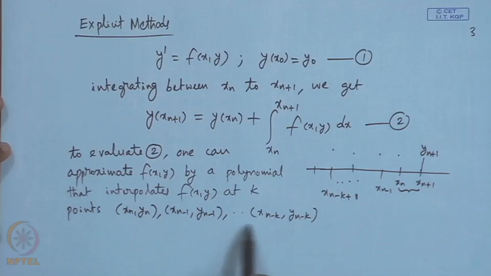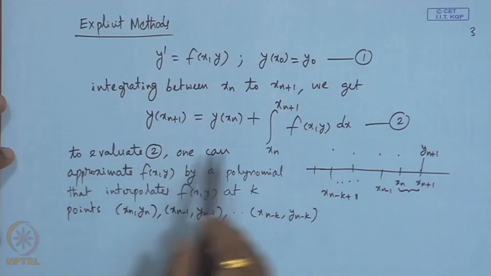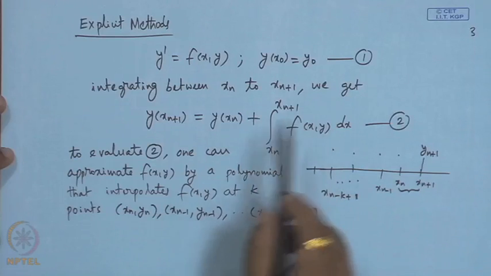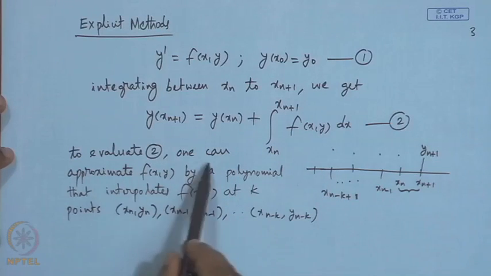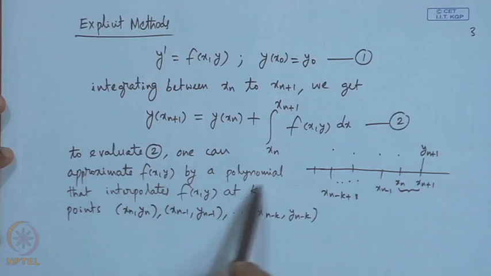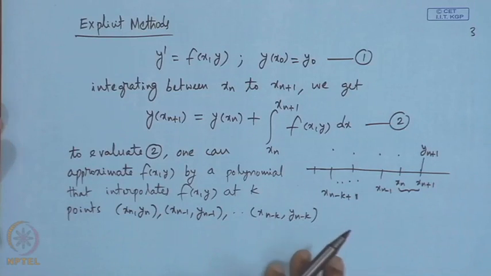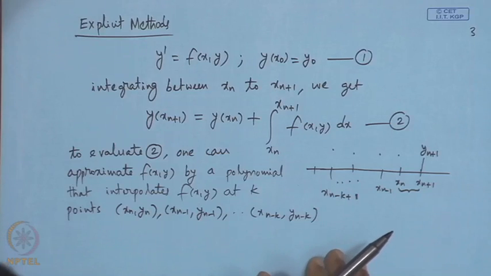So, we have to evaluate this integrand, the integration. One can approximate f by a polynomial that interpolates f at k points, and what are they? x n, x n minus 1, up to x n minus k. These are all past points, so there is nothing implicit, everything is explicit.